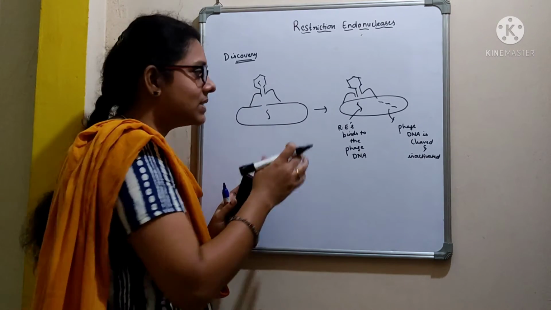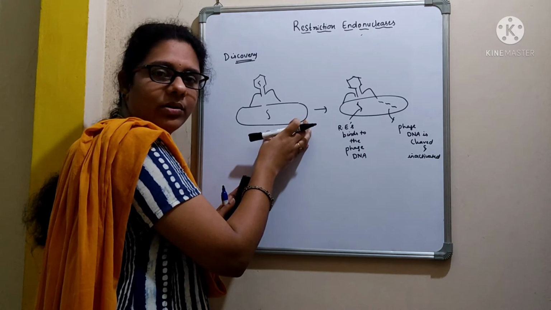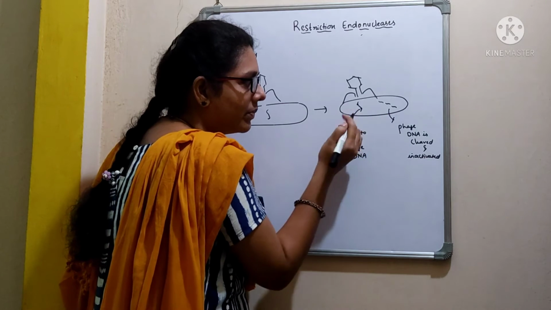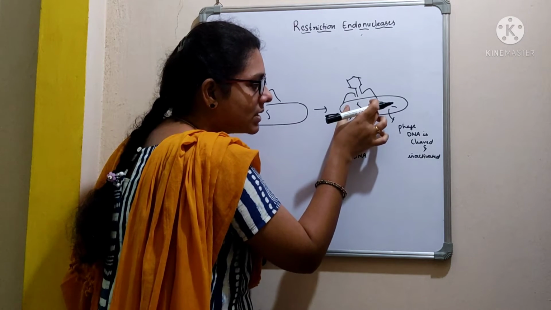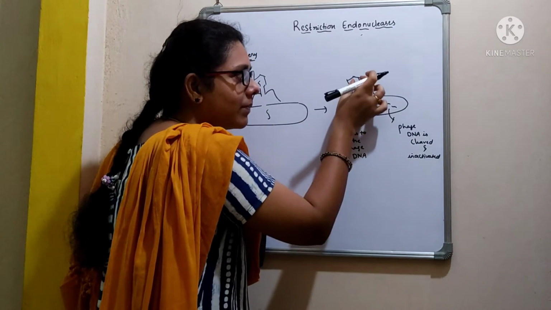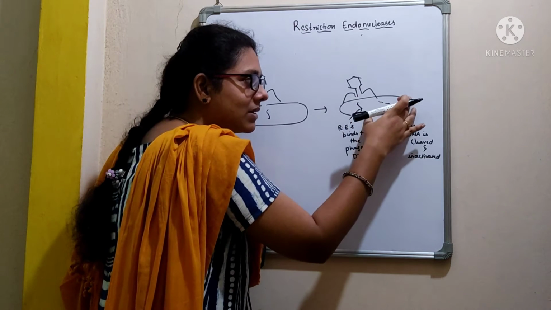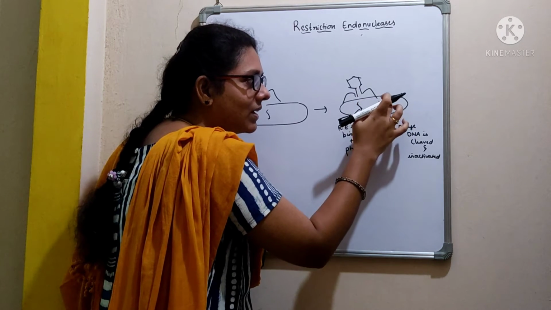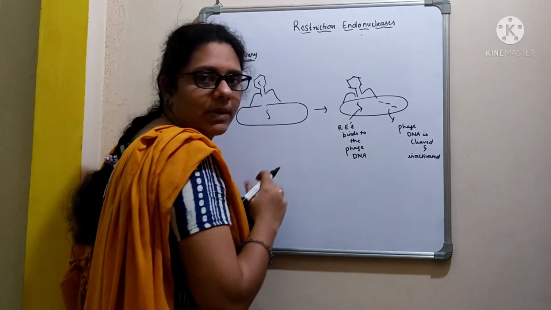Now what happens is, this bacterial cell is capable of producing restriction endonucleases. See the picture here. These are the sites where the restriction enzyme binds to the phage DNA. This is the DNA from the bacteriophage. The restriction enzymes produced by this bacterial cell are going to cleave this viral DNA into multiple fragments.